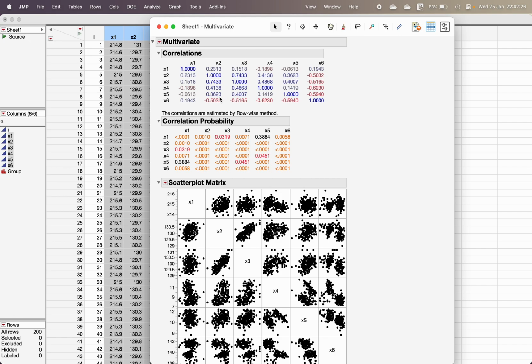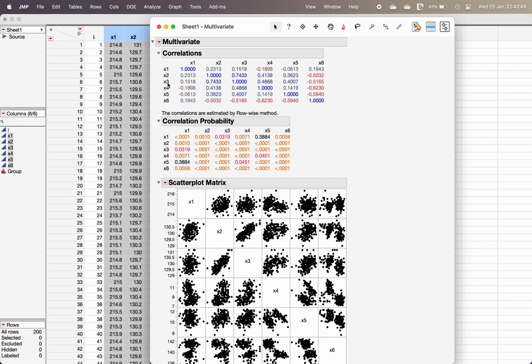Similarly, we can have a look at another correlation pair, which is x5 and x2. The correlation coefficient is positive 0.3623, still on the lower side, and the corresponding p-value is less than 0.0001. So it is also statistically significant even though the value is small.